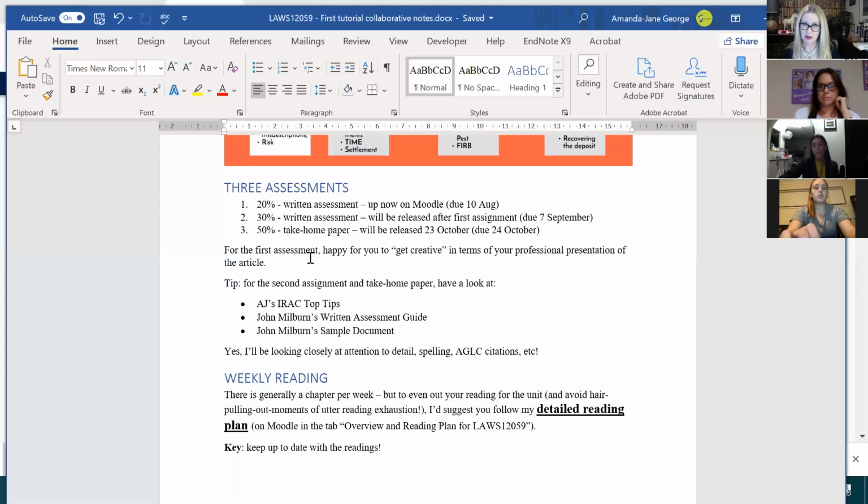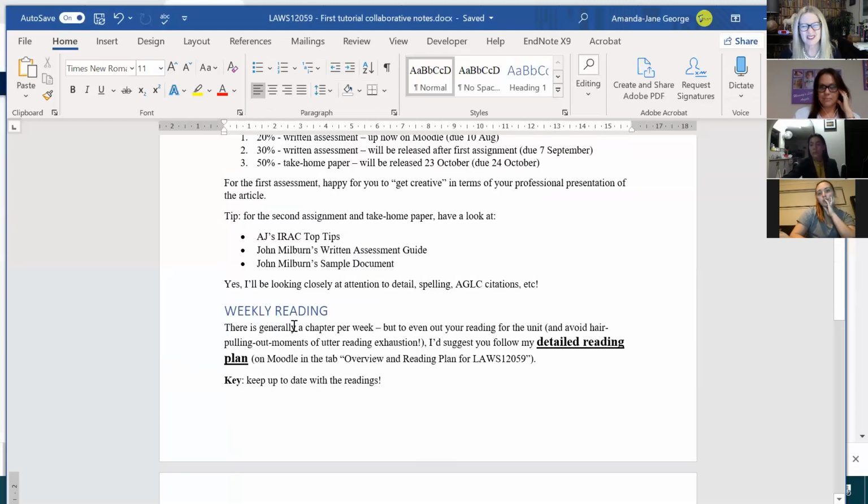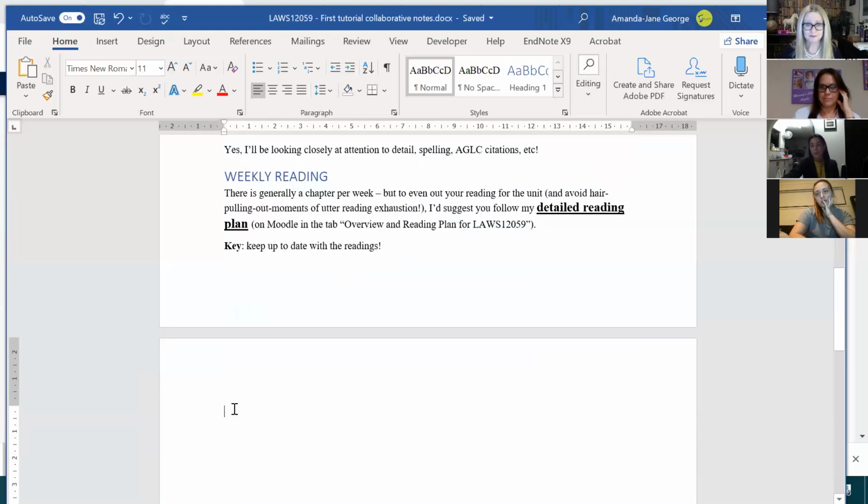Do try and keep up with my reading plan. I think it will save you a lot of stress, and it will keep your eyeballs in functional mode. Okay, so that's the reading for the unit. I know every lecturer says this stuff, but yeah, whatever. If you try and keep up with the reading plan, I do think that'd be useful.